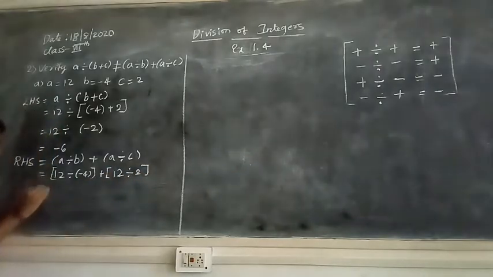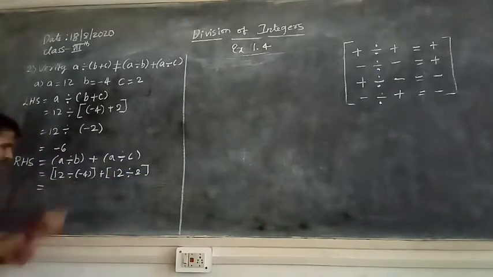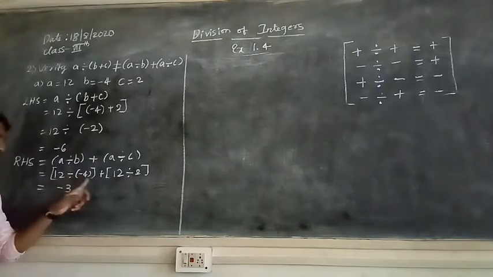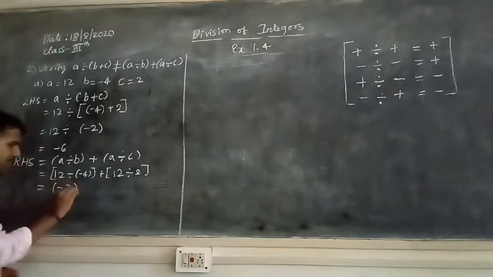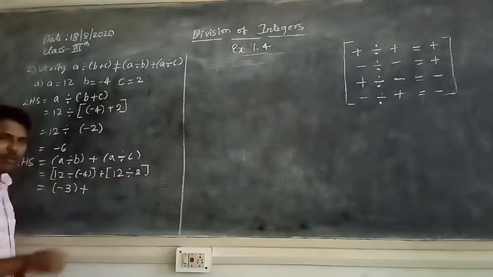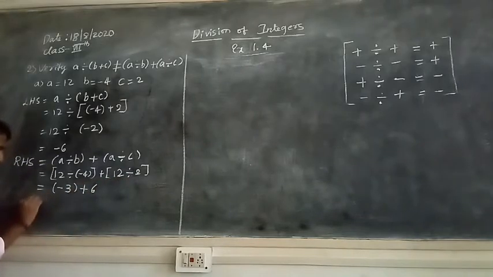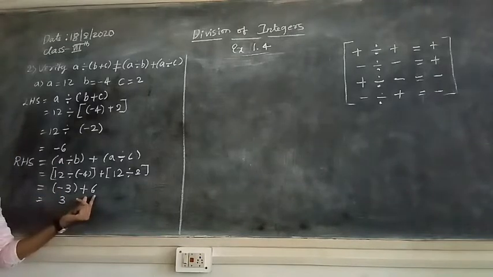So solve this one. 12 divided by minus 4, how much? Minus 3. 12 divided by 4 is 3, 4 threes are 12, and plus divided by minus is minus. Minus 3 plus 12 divided by 2, 6, no? 2 sixes are 12. So now solve this one: minus 3 plus 6 is 3. Bigger number's sign is plus.